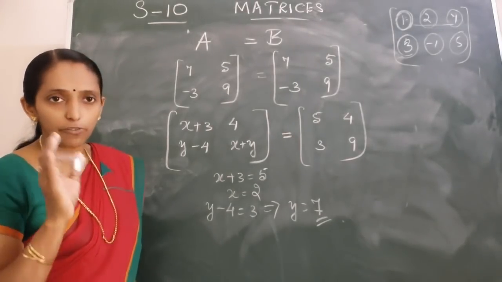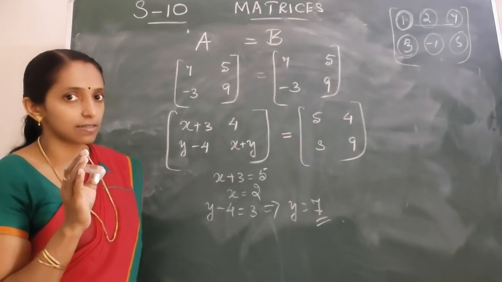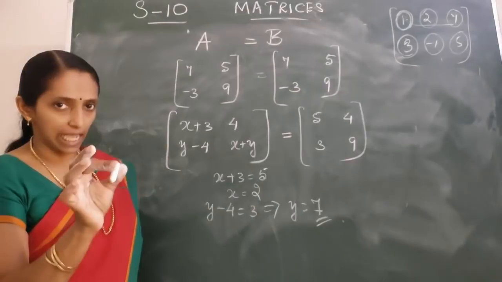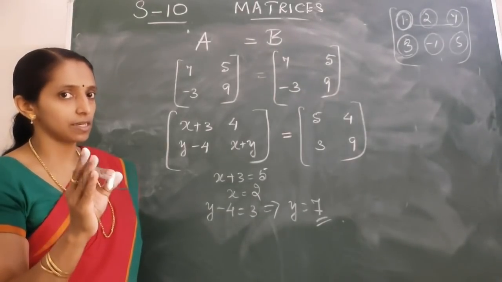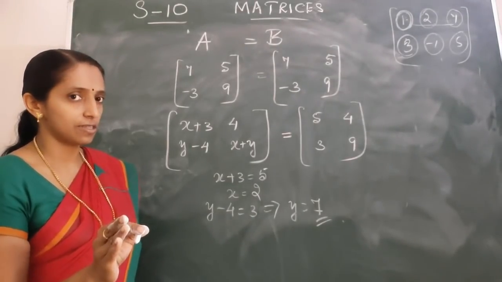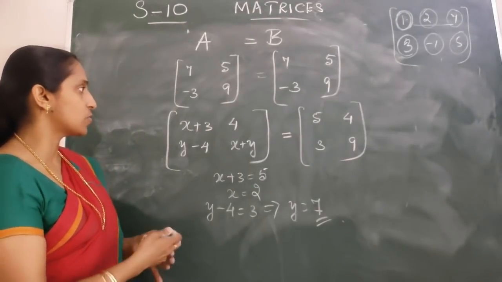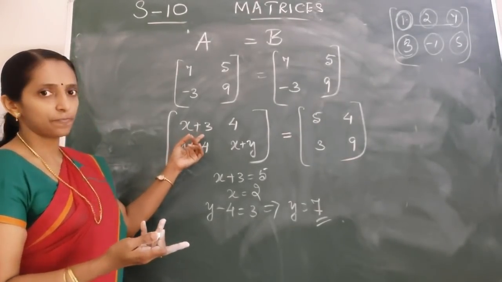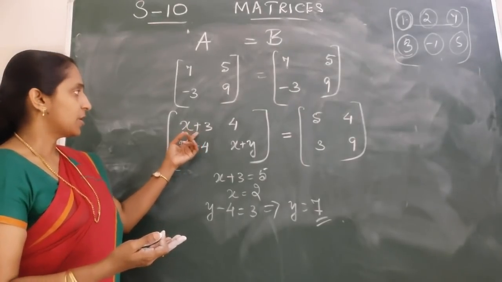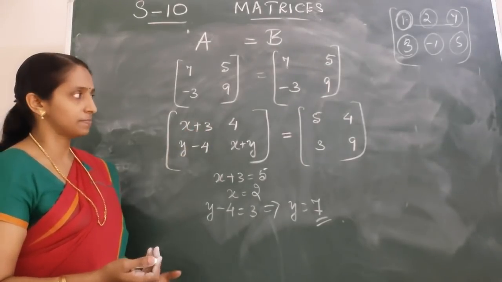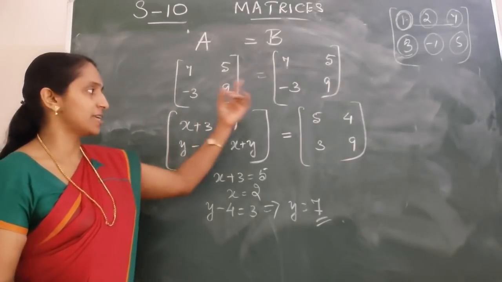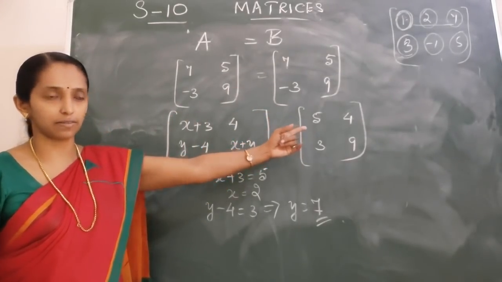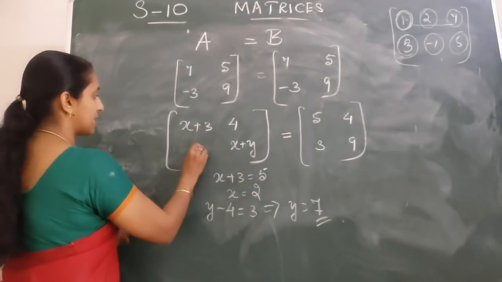with the principle of equality of matrices, we will equate the respective elements and find the unknown quantity. Suppose you are getting a simultaneous equation. Instead of x plus 3, if it is x minus y equal to 5, x plus y equal to 9, and this is also given as 3.